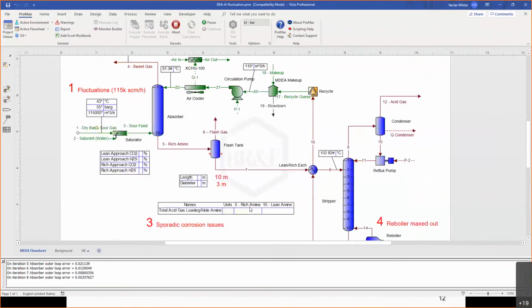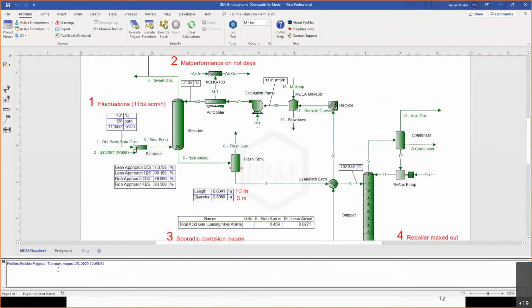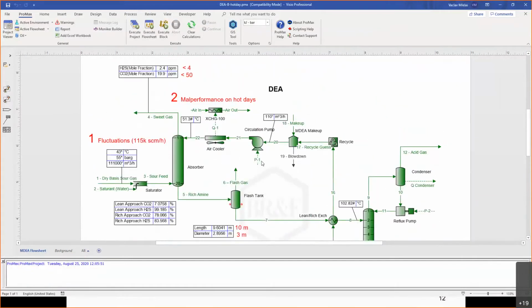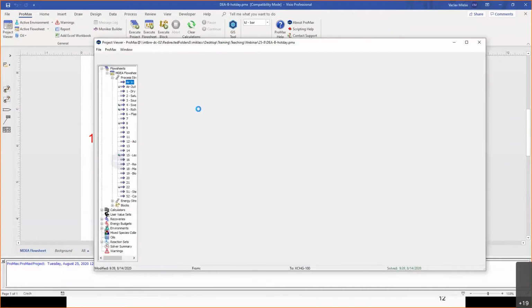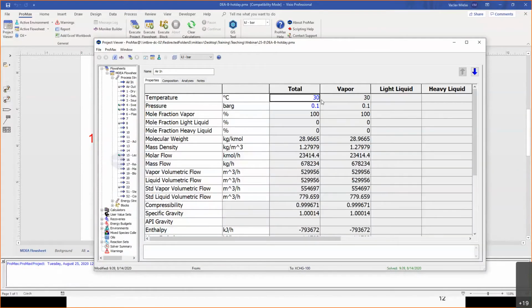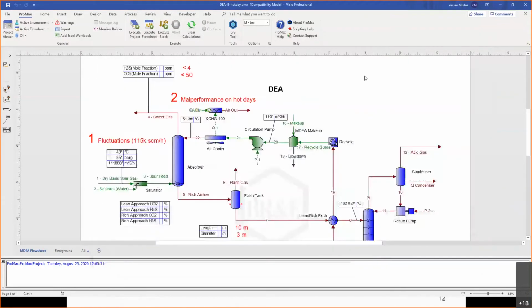And while it's solving, I will move on to case B. In this case, we are going to increase the air temperature to 35 degrees Celsius. So I'm going to open this air inlet stream. And instead of 30, I'm going to increase it to 35. That's basically as hot as it gets in the Czech Republic. So let's consider it the maximum temperature. And let's execute it.